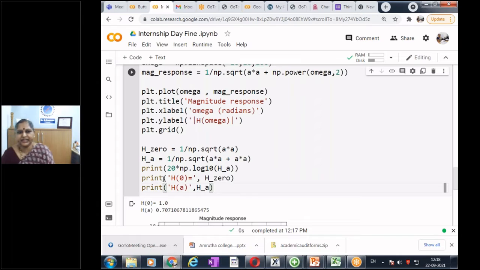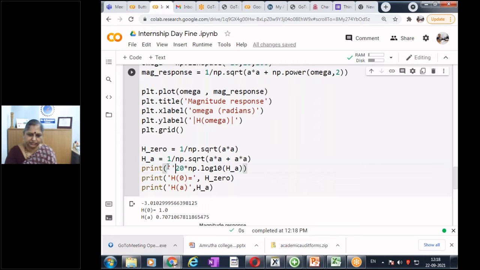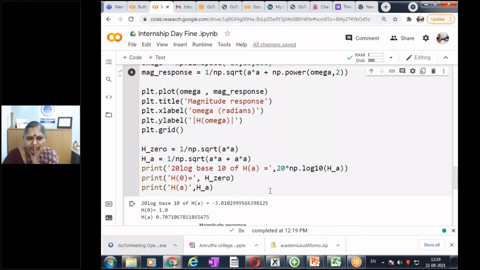Print 20 np.log10 of h of a. What do we get? 20 log base 10 of h of a. What do you get? What's the answer?